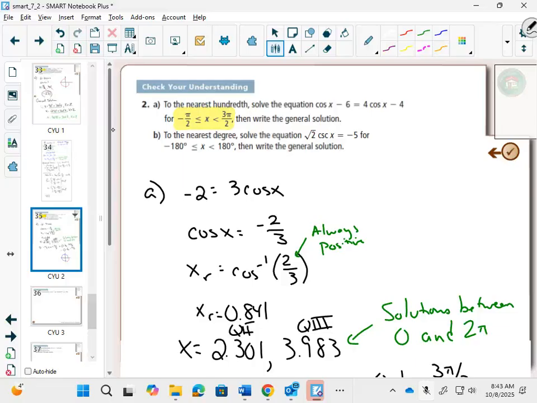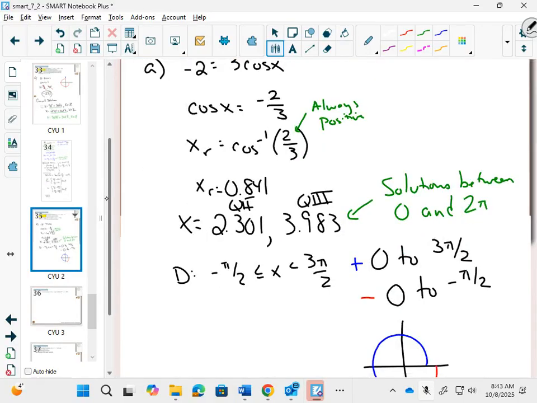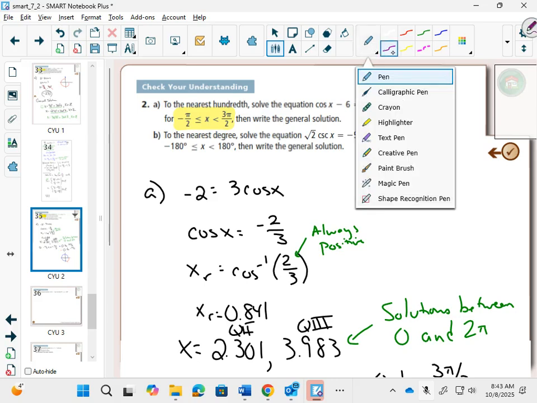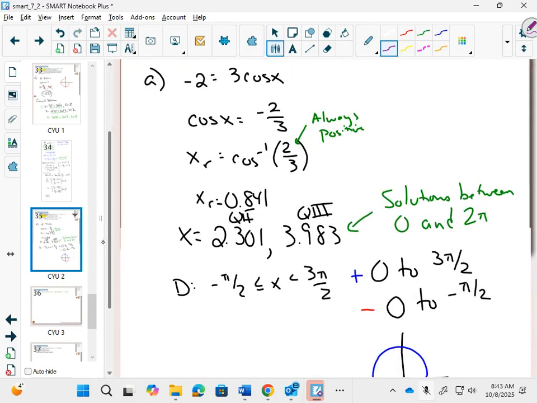Thank you. That's the other thing to notice. We read the question again, and it says to the nearest hundredth. I rounded to 3 decimal places, so it should just be 2.30 and 3.98 to the nearest hundredth. Thank you.